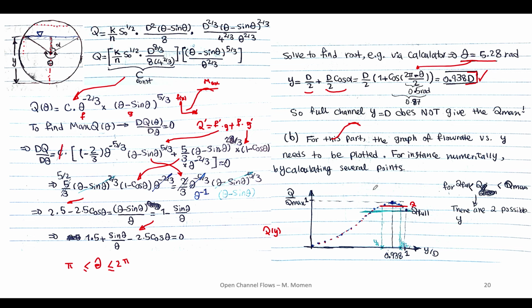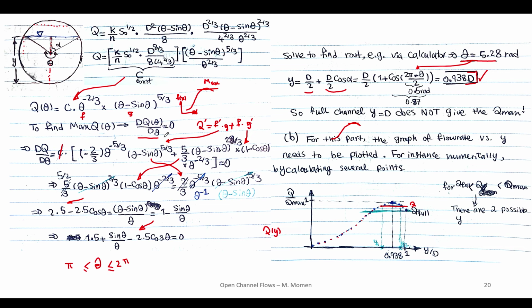Okay, so this was finding maximum flow rates and how you can work on these problems. In this type of problem, these are usually optimization problems, so just note that you need to take the derivative with respect to the parameter that you want to optimize. For instance, here I wanted to optimize theta, so I just took the derivative of Q with respect to theta.